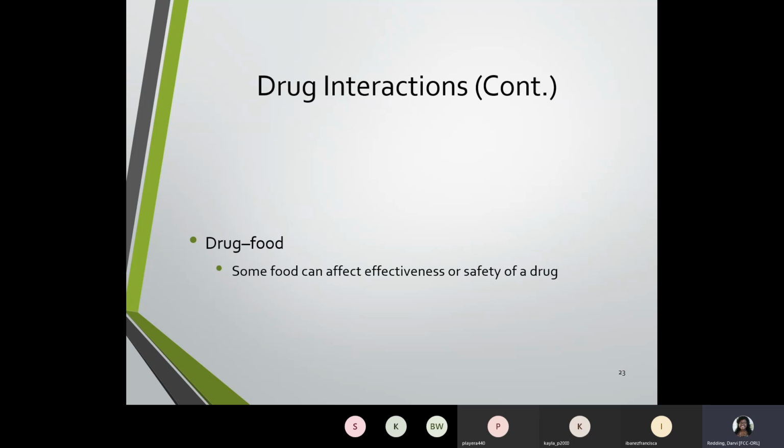So now that we've talked about drug interactions, let's next talk about drug-food interactions. You have some food that can affect the effectiveness or the safety of a drug. So one example in regards to the drug-food interactions are people who are on anticoagulation, which means blood thinning medications.